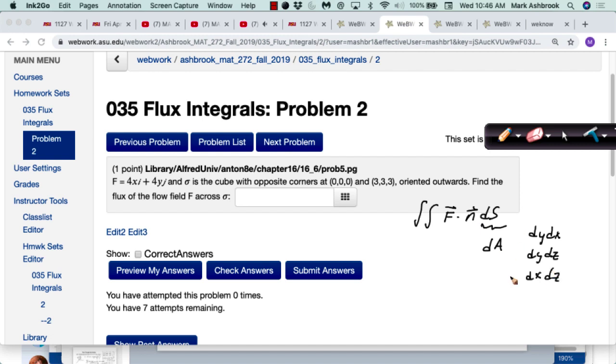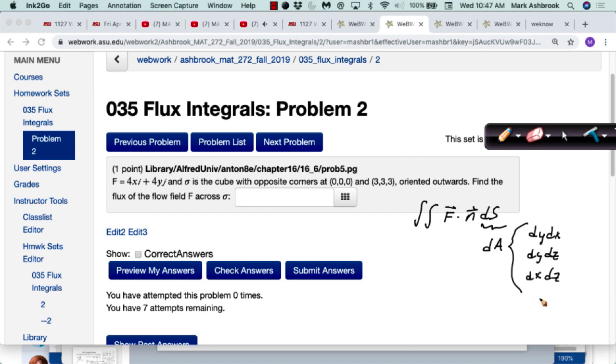That was the situation I recommended using this form in: if your surface is parallel to one of the coordinate planes, then dS is just dA, whichever plane you're parallel to.